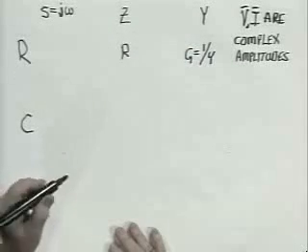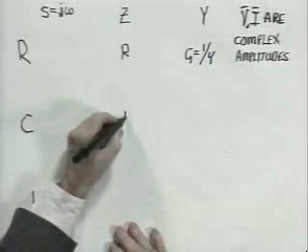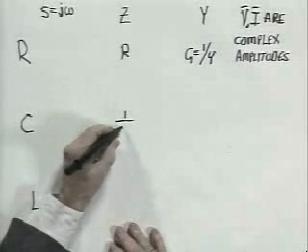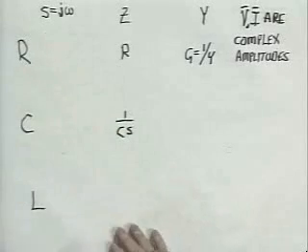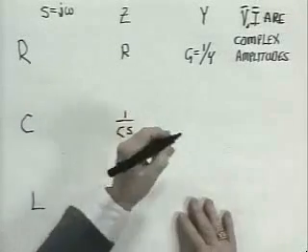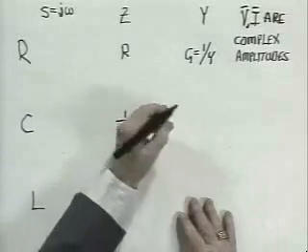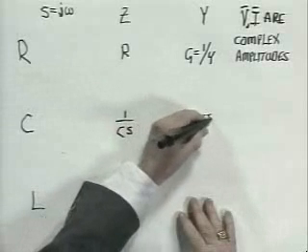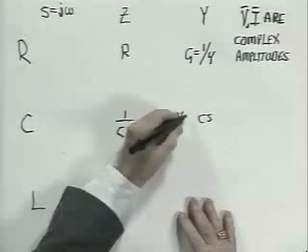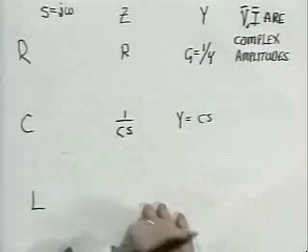For the capacitance, the impedance is 1 over CS, where S equals j omega. And for the admittance, it is CS, that is Y equals CS.